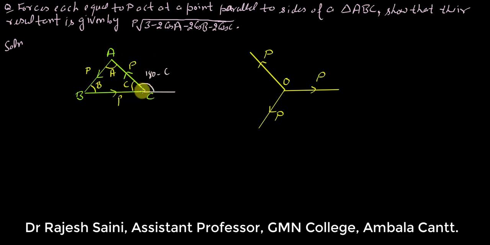Because this is converging and this is diverging, so we have to take both diverging from point C. So I have extrapolated it and seen the angle 180 degrees minus C.